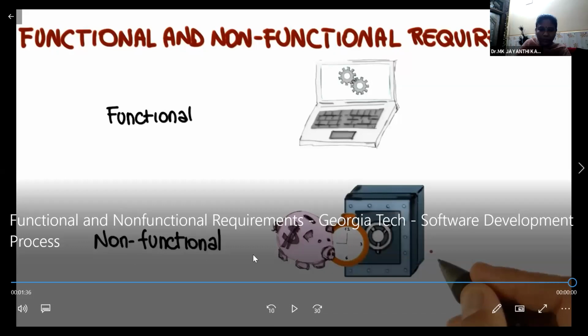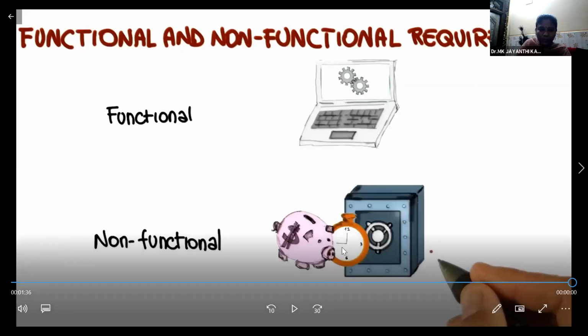And in the case of non-functional requirements, the accuracy, efficiency, and concurrency cannot be visualized; we can say they are intangible properties of the particular system. Say the system is very efficient, very accurate, highly secure, and trustworthy.